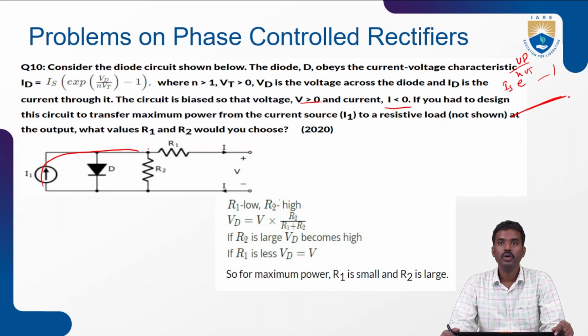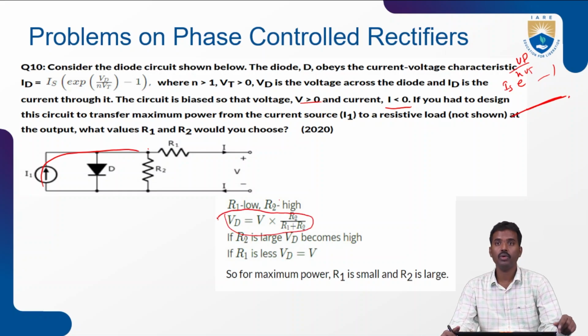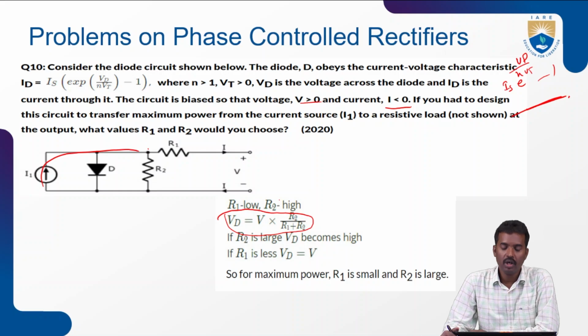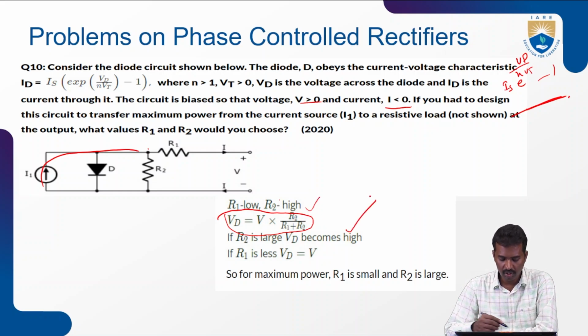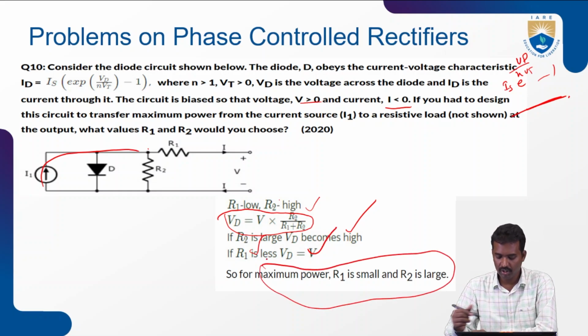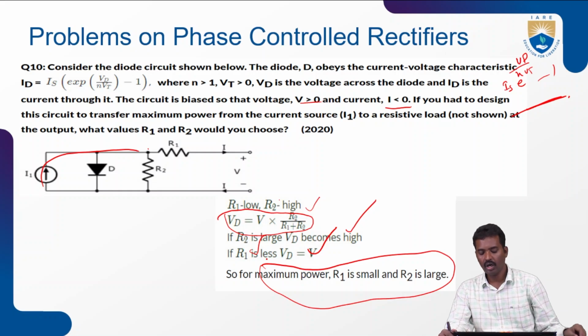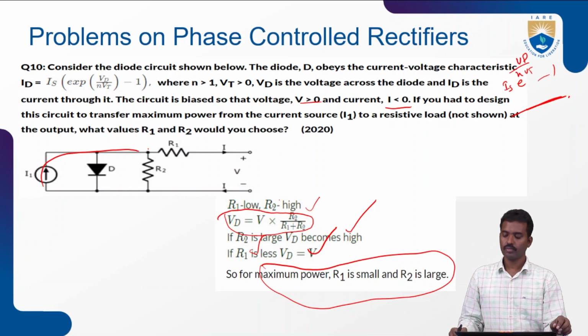R2 is large means Vd becomes very low. This is like the voltage division rule. So when R2 is large, Vd becomes large, and when R2 is less, Vd becomes less. So maximum power is when R1 is small and R2 is large.